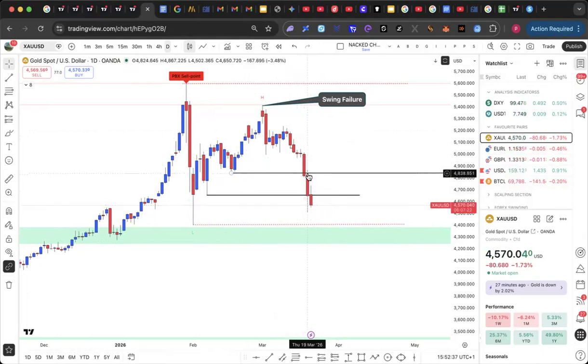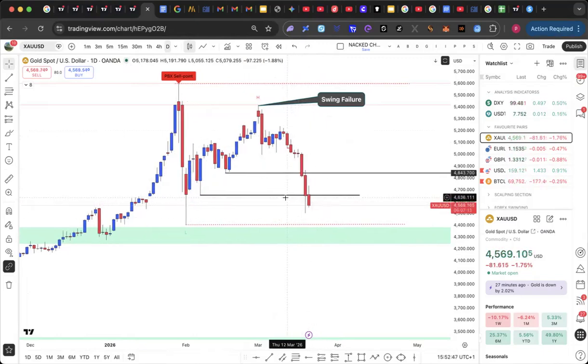Today's candle closed bearish and below the low of the previous day, so I know that for today we are bearish. But that's not all. You should be putting your mind towards selling.